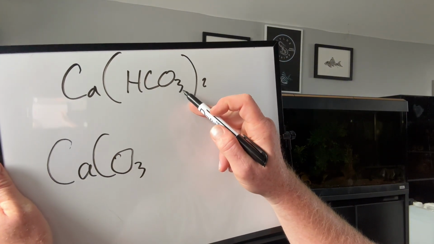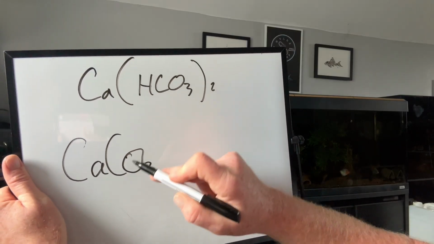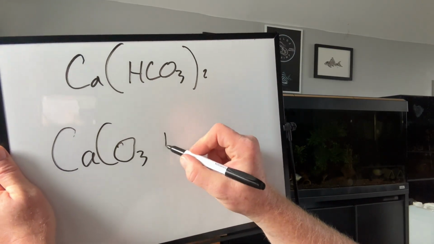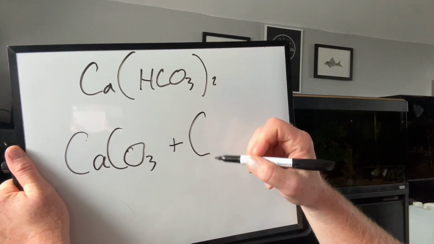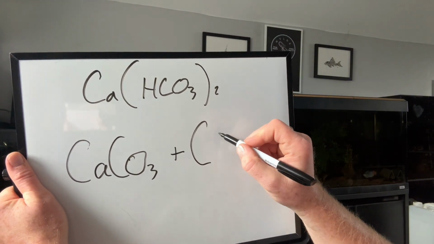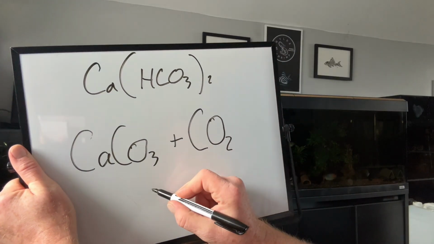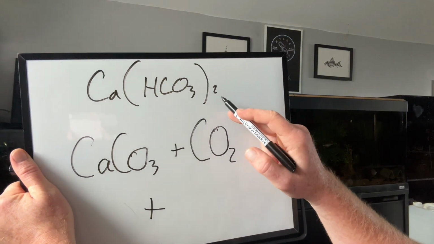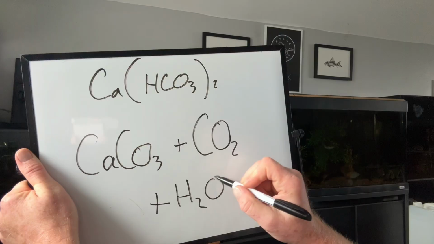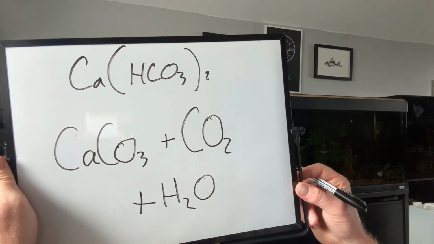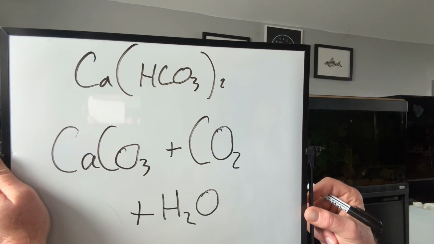So we've taken our first set of 3 oxygens down to here, 1 of the C's of which there are 2, down to here, and our calcium. Then we are going to take another one of these C's, because there was 2, remember. We're going to take 2 of the remaining 3 oxygens, and 2. That gives us our carbon dioxide. And then what are we left with? We are left with the 2 H's and the remaining oxygen.